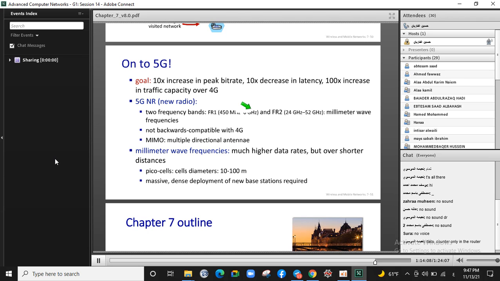But when we talk about 5G, there is one important note. If you look on the internet, you can see that in 5G we are using gigahertz frequency bandwidth signals.